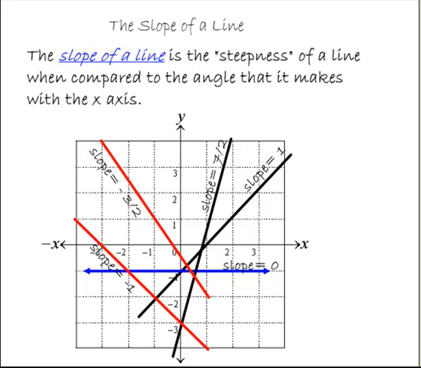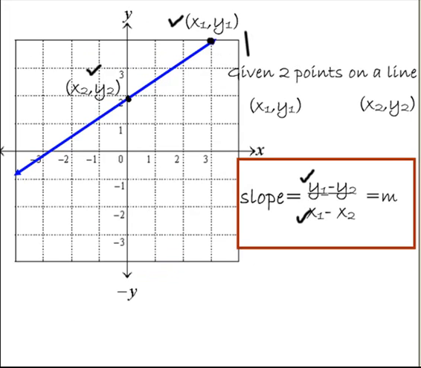Let's take a look at the definition of slope when I know two of the points that are on a line. So for example, if I have x1, y1 and x2, y2, those are the coordinates of the first point and the second point.